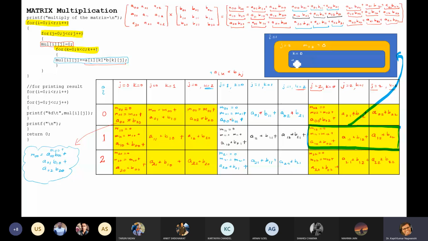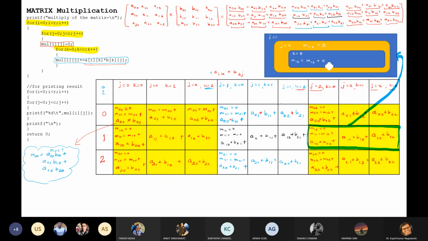Now m12 equals m12 plus this multiplication. Okay, so plus is written. Now this plus is given so that it will automatically store the next value. So for k equals 0, what happened?